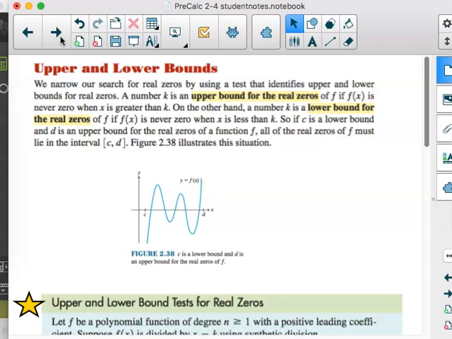So, here's what they're saying. They're saying if we know those are the zeros, they lie between the x values of c and d. But we're also going to talk about a way to check and make sure you've found them all. You know, with this one, it just says y equals f of x.